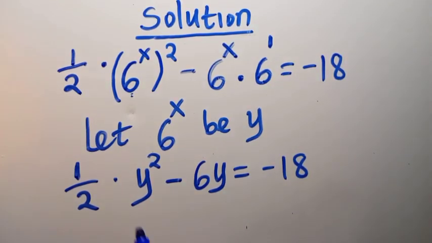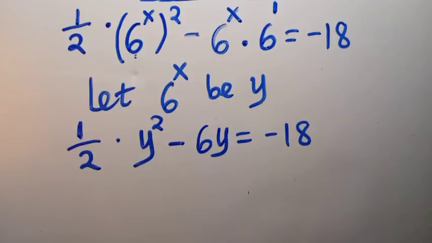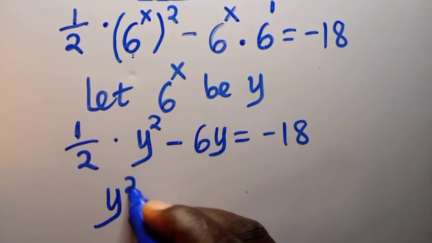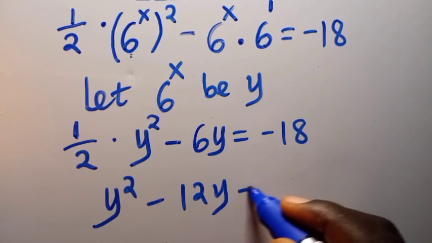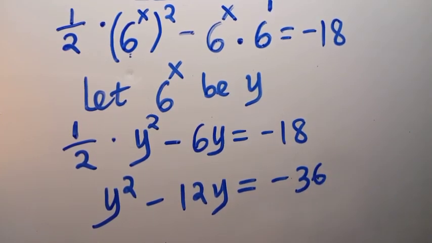Now from there, I can multiply by 2 throughout so that I can remove this 2 that is in the denominator. If I multiply by 2 on both sides, then I will have y squared minus 12y equals to negative 36.